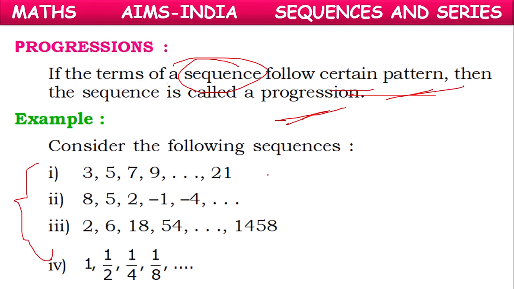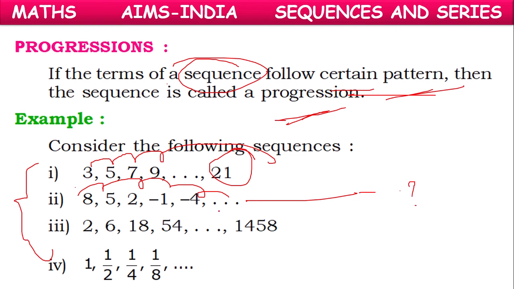But here, we have elements up to 21. The end element is 21 in the first example. In the second example, there is no end element. The dots represent that the series never ends; it will go on. In the third example, again we have an end element. In the fourth example, we don't have an end element.